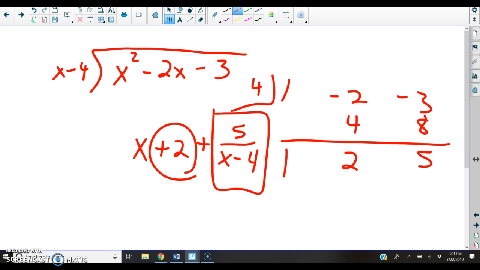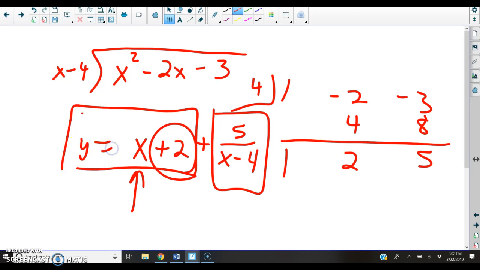It does right in the middle, but when you put in 100 or negative 100 for x, it is such a teeny tiny number, it doesn't matter. So this is telling you the equation of the line. This is the line that is your slant asymptote. Okay? So if your denominator is linear, you can certainly do synthetic division and find out what your slant asymptote is.